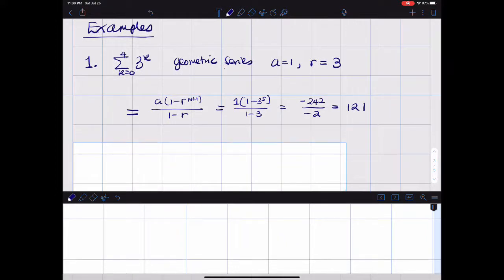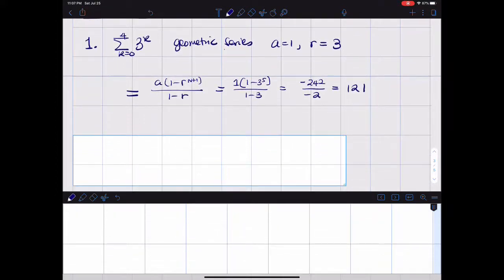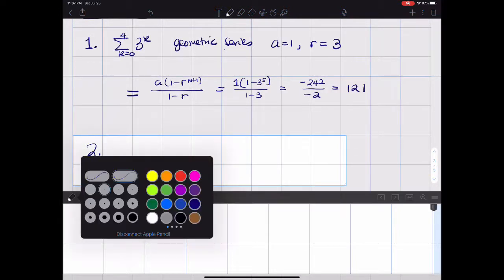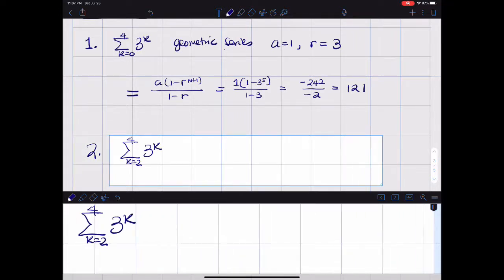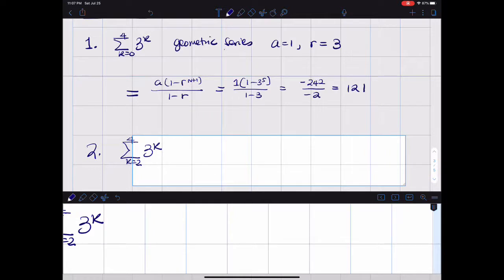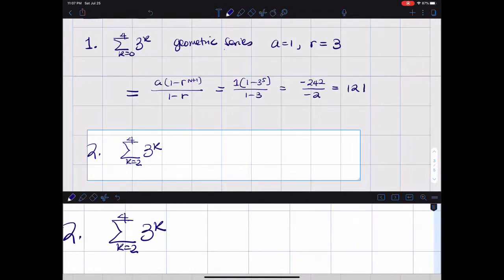So let's do an example where it doesn't start from 0. Let's do the summation k from 2 to 4 of this same series. In order to do this, we have to rewrite it to make sure it starts from 0.